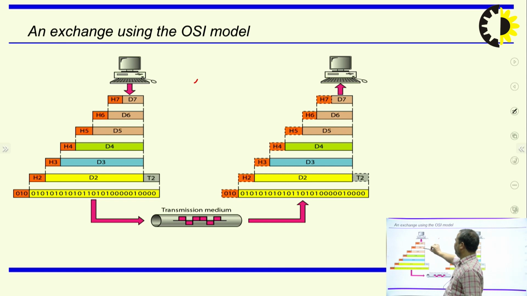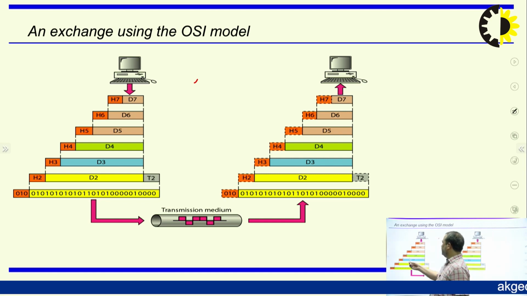Similarly, the presentation and session layers attach H6 and H5. The transport layer has a header H4. The network layer attaches its own header, called H3, the third layer. And the data link layer attaches two pieces of control information.